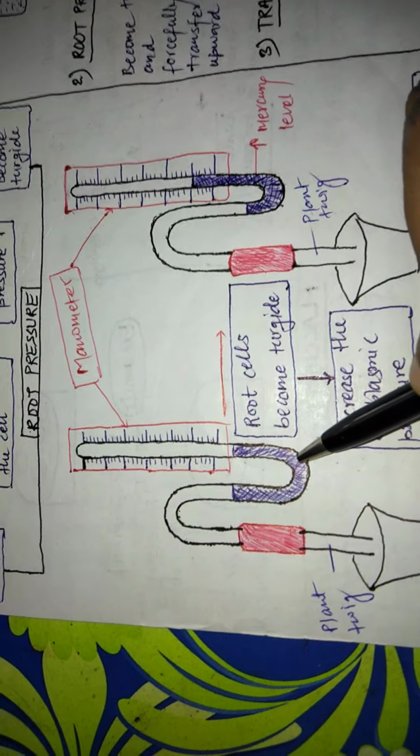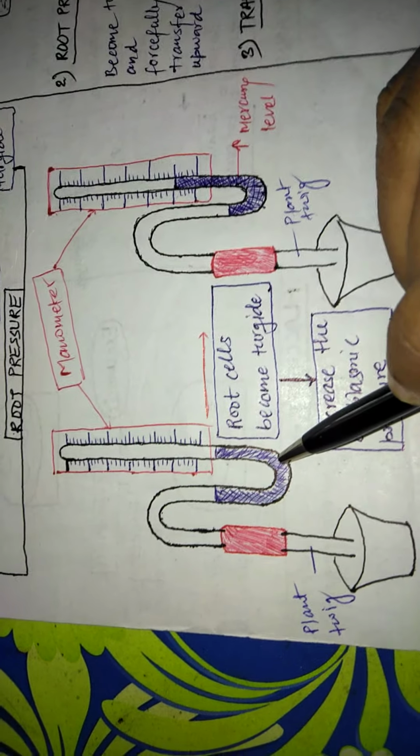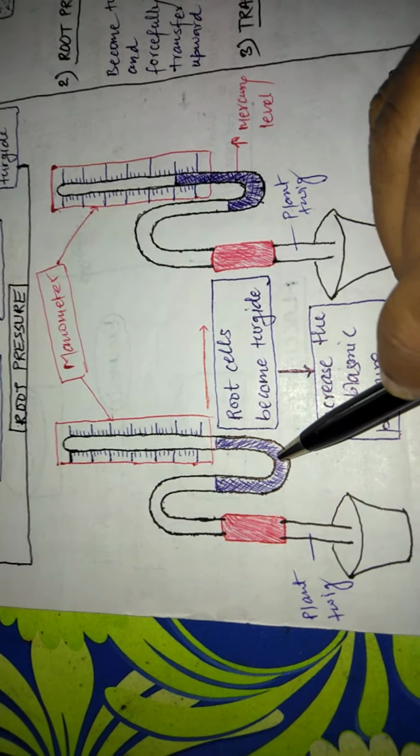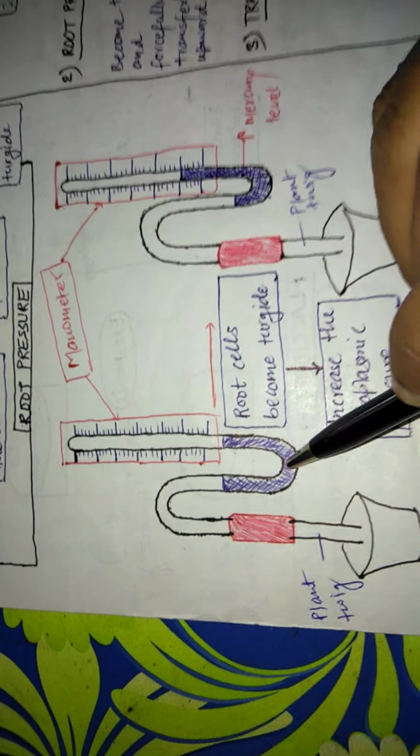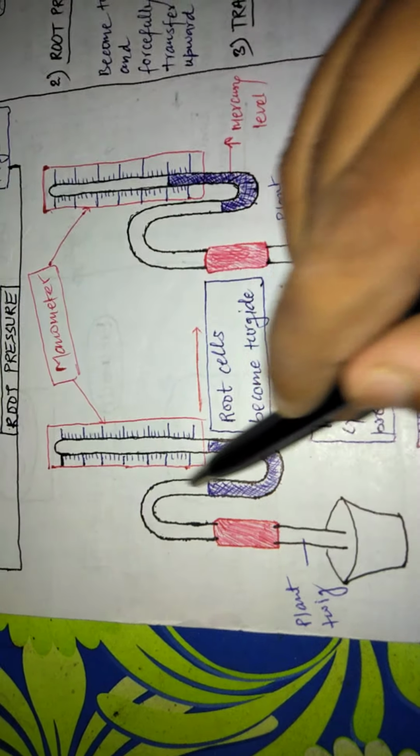So here we have to identify the pressure inside the cells. How can we observe the pressure experimentally? First of all, we set up this experimental design.